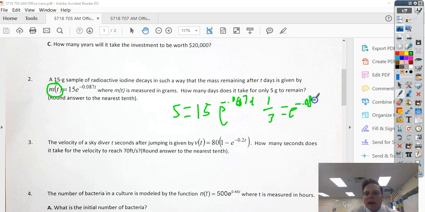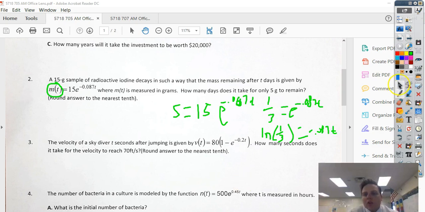Now I have the base by itself, so that means I can change forms. Now, the base is e, so when you change forms, you're not going to say log base e, you're going to say natural log of 1/3 equals negative 0.087t.